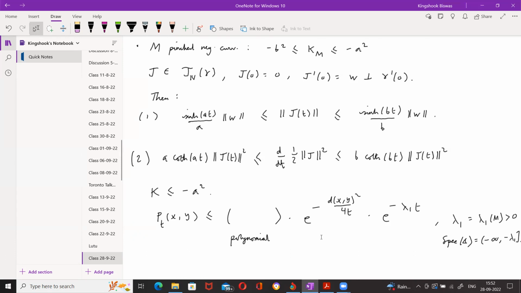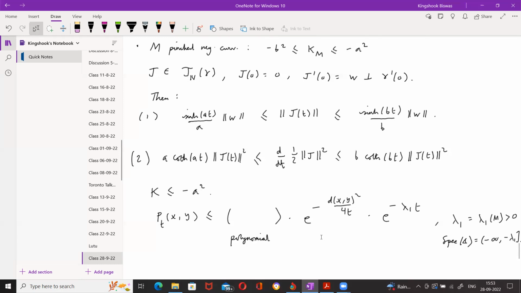But the study of the heat kernel is quite different. I don't know how these estimates are proved; it's a different subject. Also, in that paper there was another statement, if I recall correctly, that if there is a lower bound on the curvature, then the heat kernel may not be unique. That also sounds very fascinating.